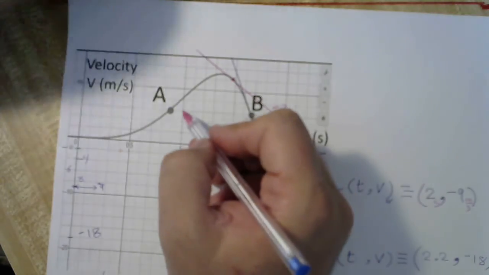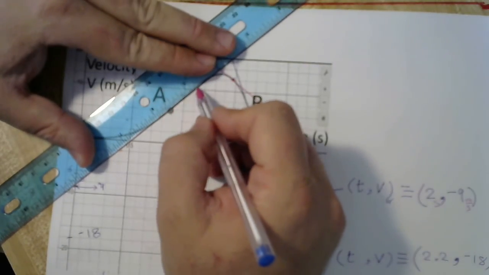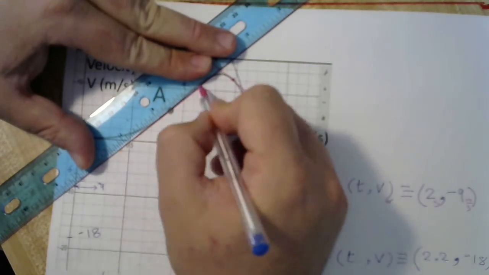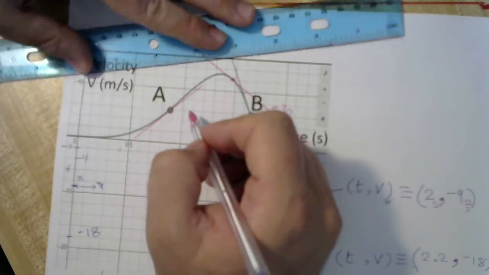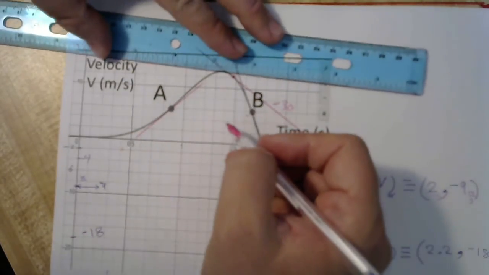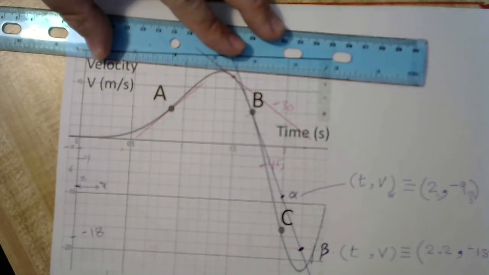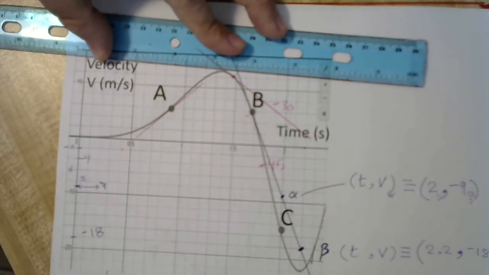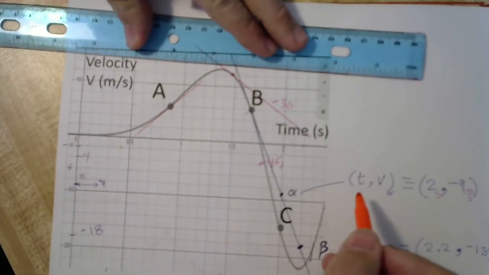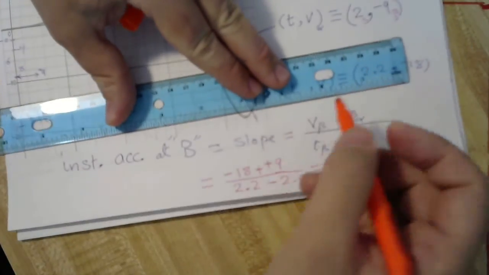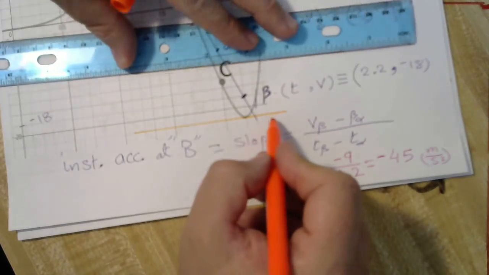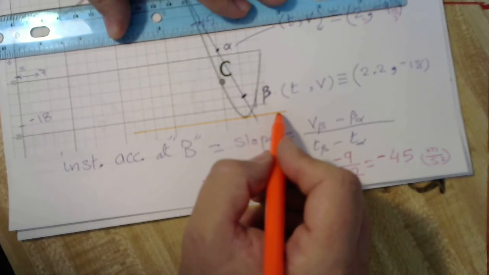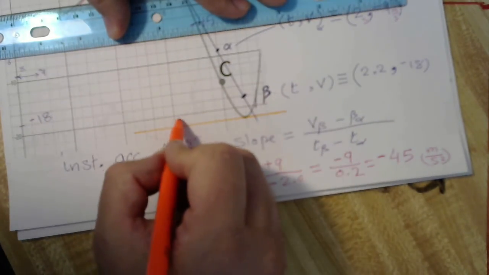At point A, this is the tangential line. At another point, maybe this one, we have another tangential line. Or this point here: the tangential line here is horizontal. The slope is 0.